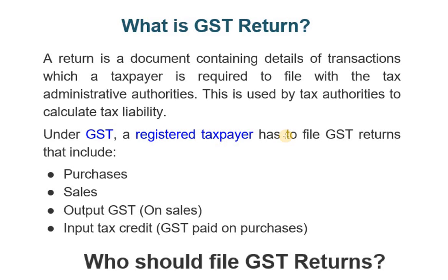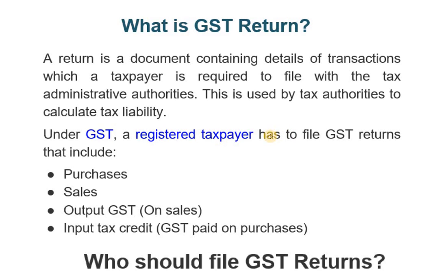Under GST, a registered taxpayer has to file the GST return for his purchases and sales. He has to compute the GST on sales and avail the input tax credit on his purchase. Clear?